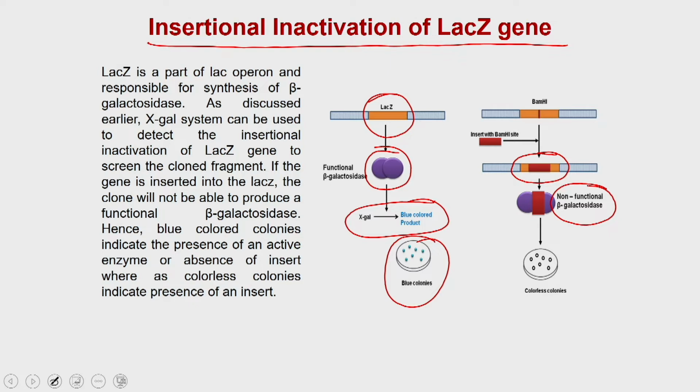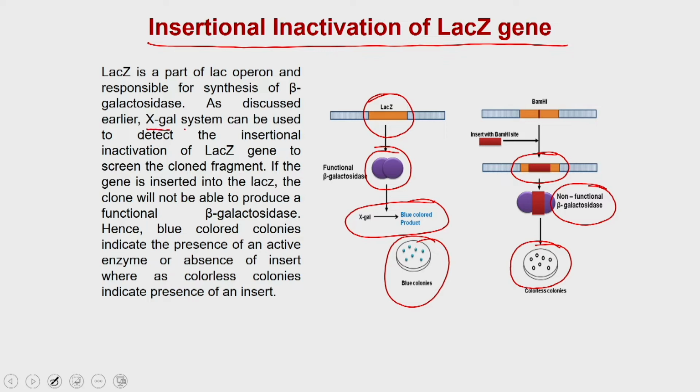It is not going to be able to process the X-gal to give you blue colonies, and what you are going to get are colorless colonies, and these colorless colonies indicate the recombination, the delivery of recombinant DNA into the host.